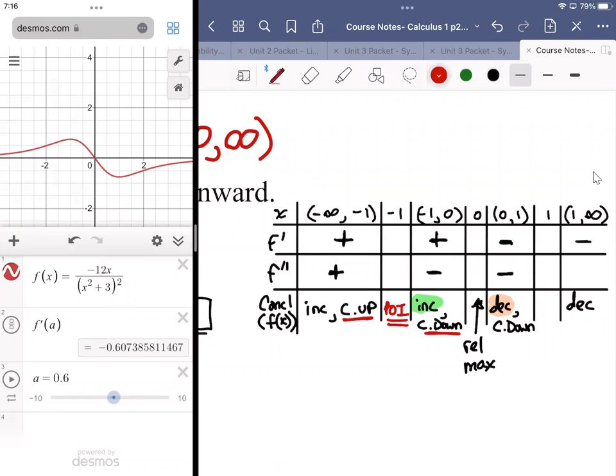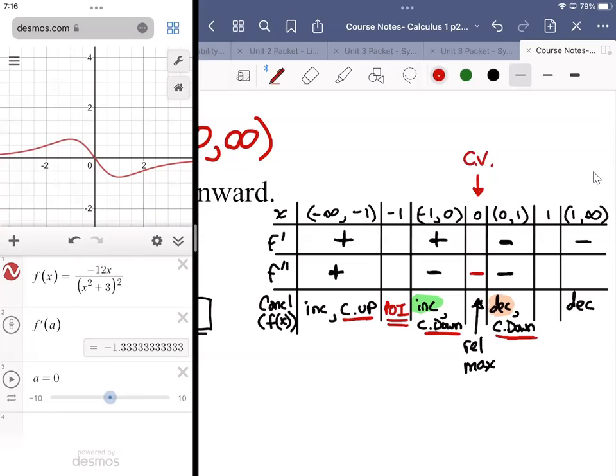So no change in concavity, but concave down is consistent with relative max. All right. So we're kind of onto something here, because if you look at 0, this value 0, the one that we had as a critical value, has a second derivative that's negative.